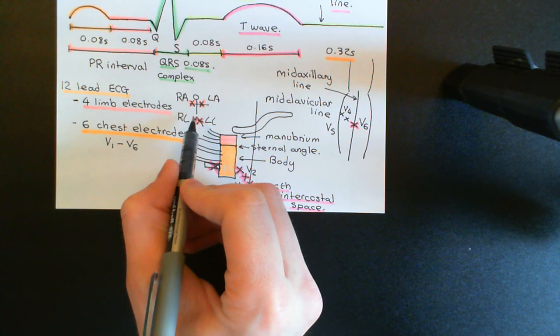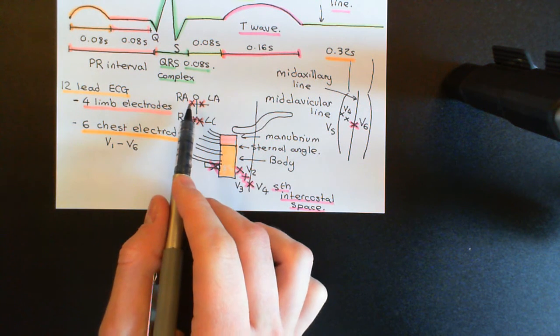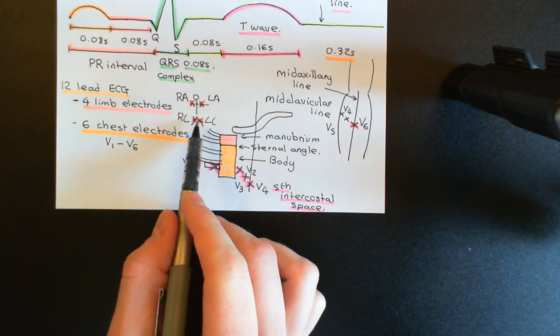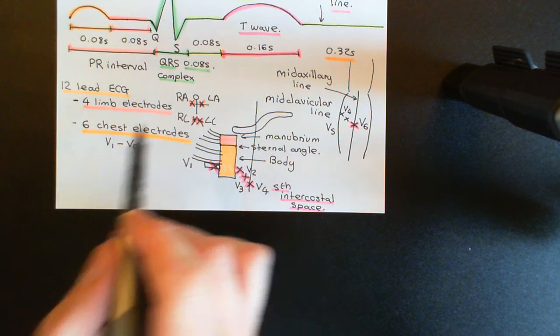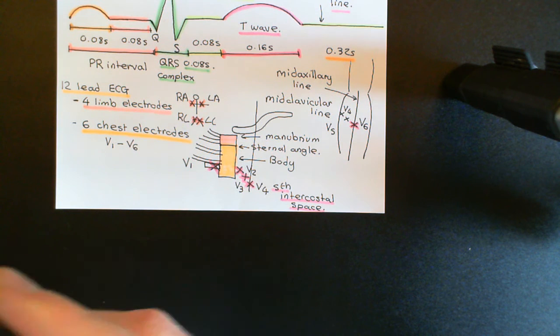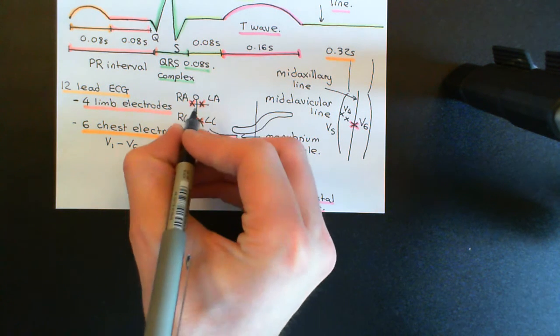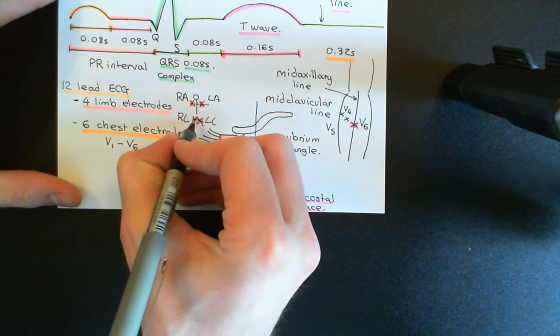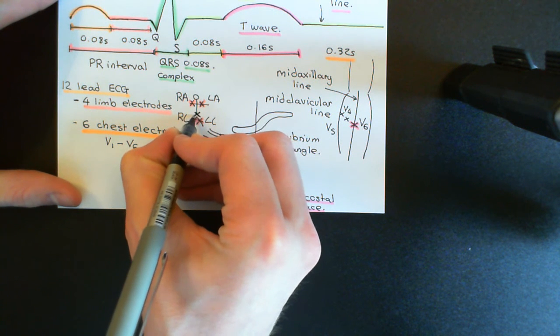If you were to instead attach, going back to the example that we did between the right arm and the left leg, from the right arm to the right leg, you wouldn't actually see any difference, because really both of these leg electrodes, their electrical potential at these points is pretty much identical to the electrical potential at the groin.